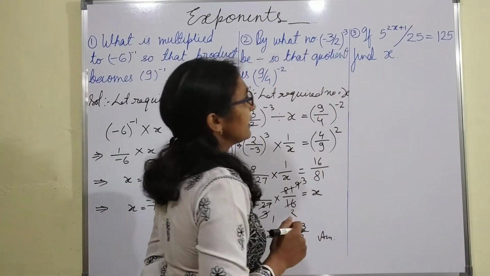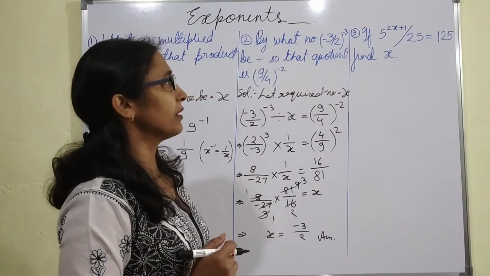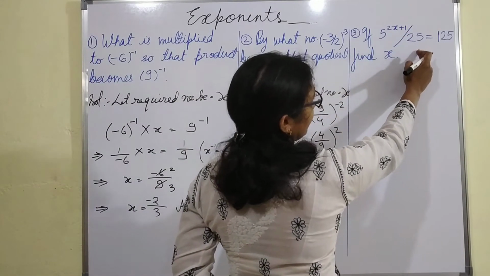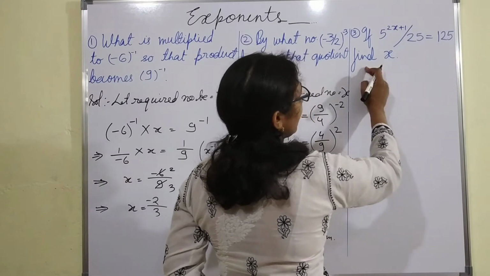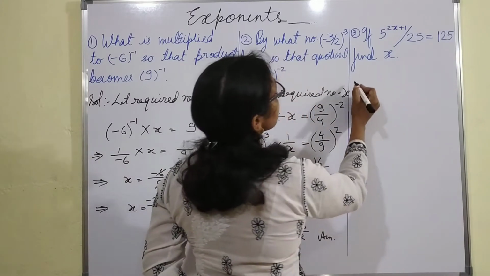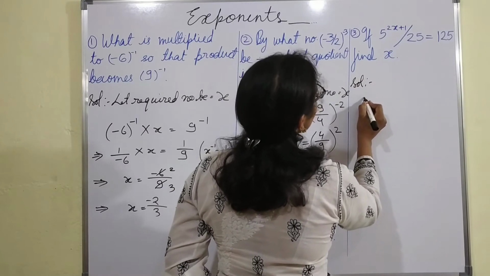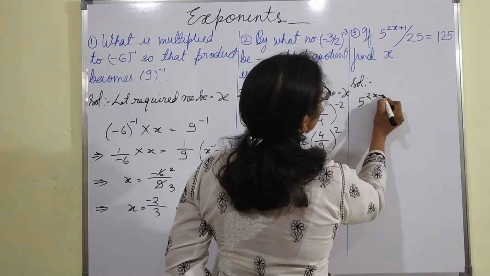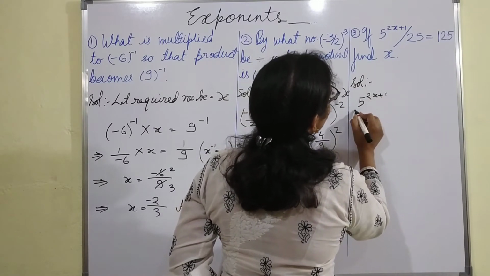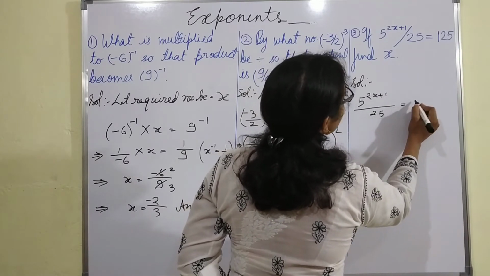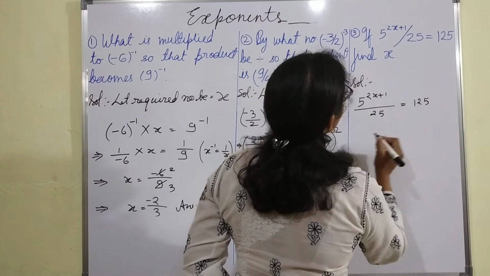Next question: if 5 power 2x plus 1, the whole number divided by 25, equals 125, find the value of x. Solution: 5 power 2x plus 1 divided by 25 equals 125.